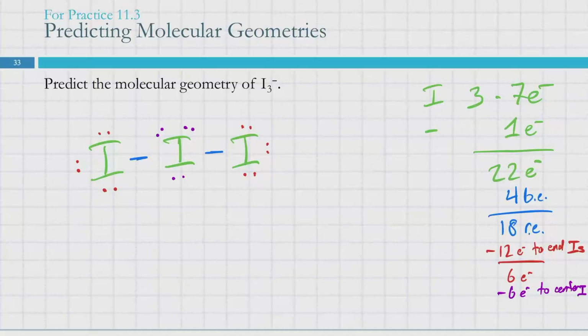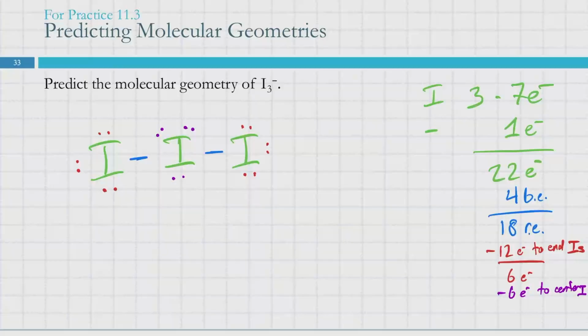However, because we have iodine, and iodine is in row 5, it has access to d orbitals. So it's got extra pockets. It can actually hold extra electrons in an expanded octet. So it's actually okay that iodine has more than an octet.